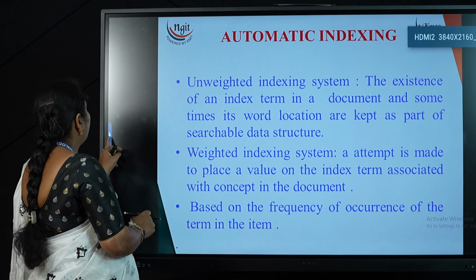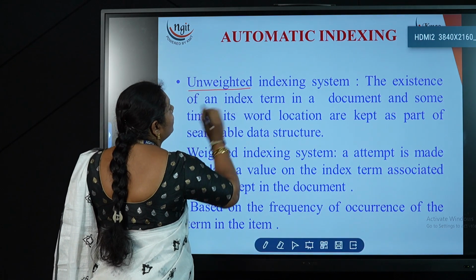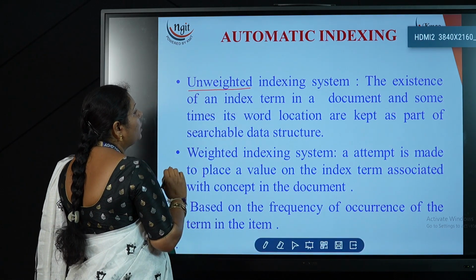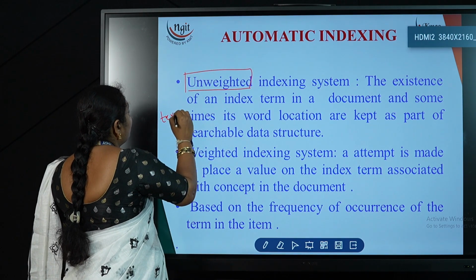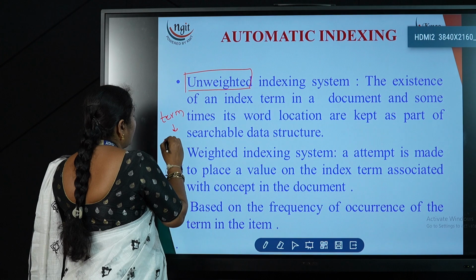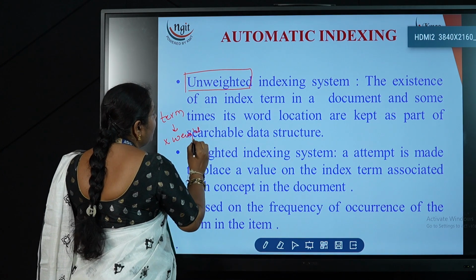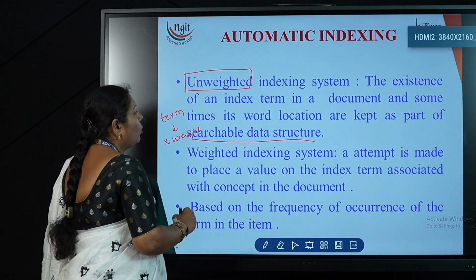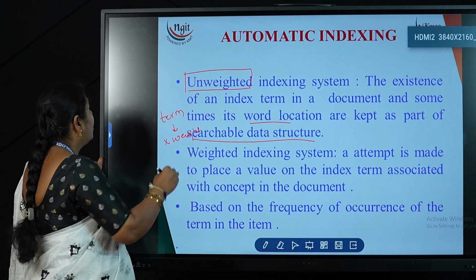The first one is unweighted indexing. So what is unweighted indexing? By the name itself, it will not give any weightage to the term. If I am taking one word or a term, I will not assign any weights. The word location will be stored in a searchable data structure.